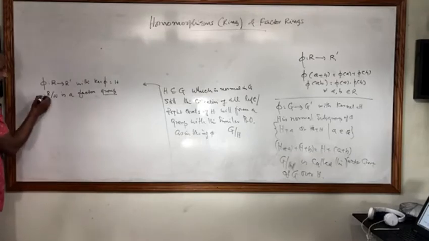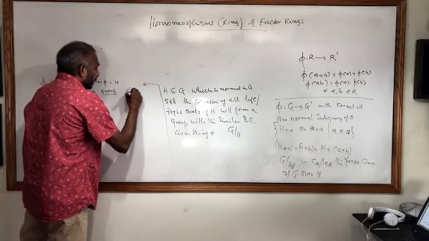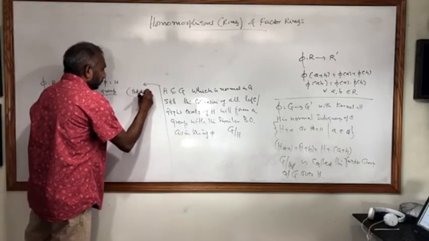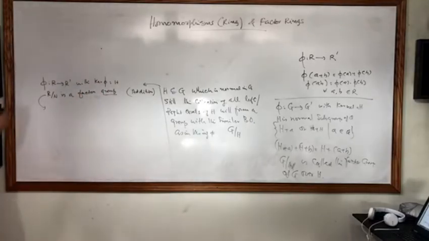Now we want to extend this to a factor ring. A factor group means you have only one binary operation, that is addition.